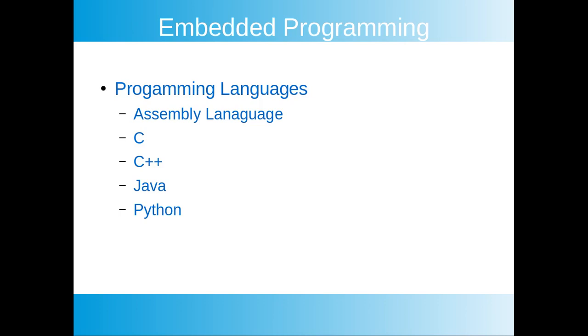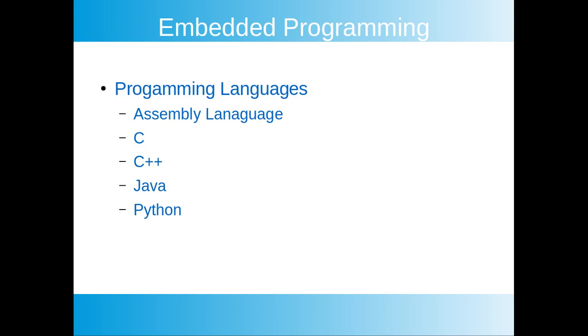And the machine code size obtained after compiling C and C++ is very small, and the performance of this machine code is also high. Hence, for lower configuration embedded systems, people prefer C and C++ for programming the system.